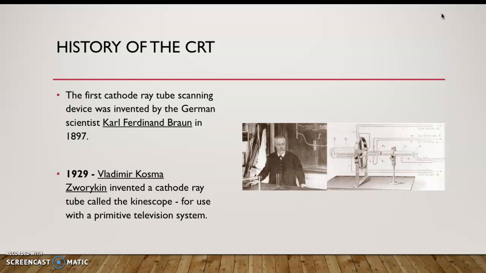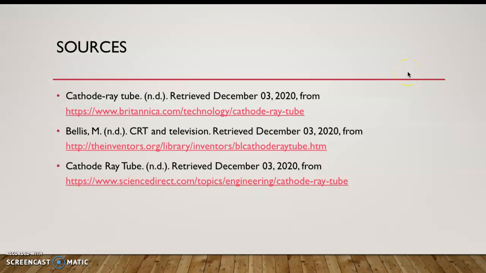Without the CRT, you wouldn't even be watching this project right now. So it all came through Carl Ferdinand Braun, and he was able to invent it, which then carried over into way more technological advances when it came to TV and video. Thank you.